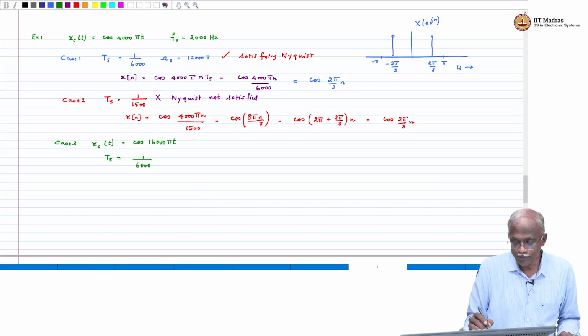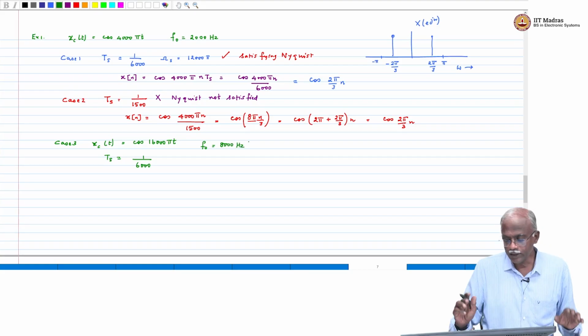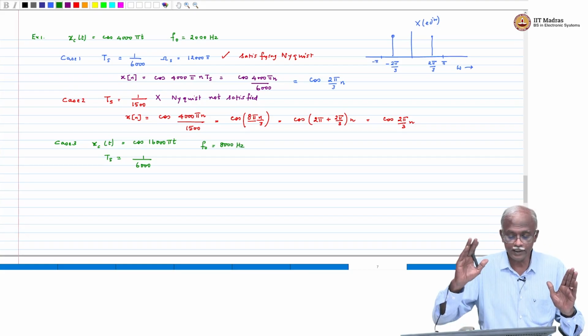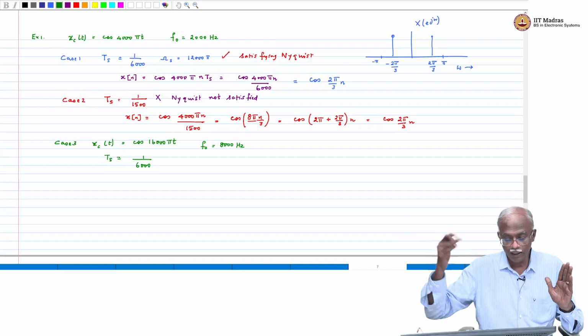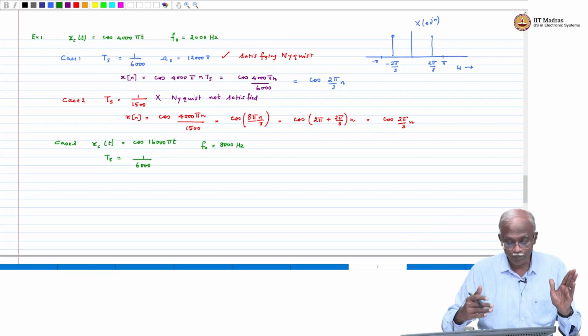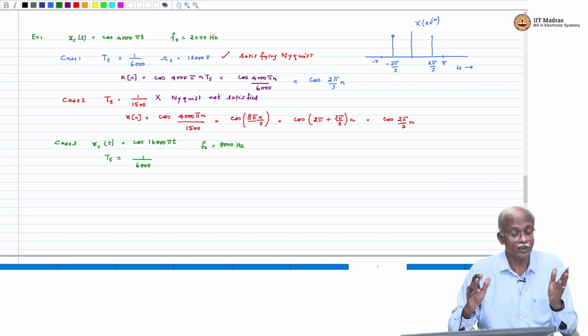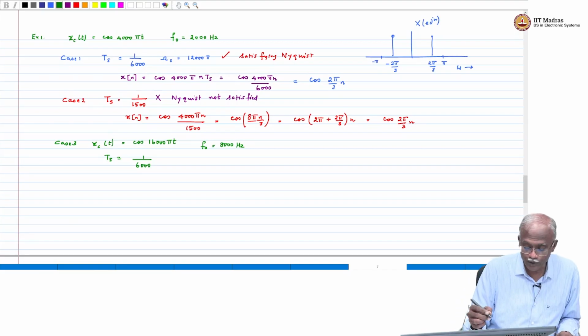What is the highest frequency content? F naught is equal to 8,000 hertz, which means that the Nyquist rate is 16,000 hertz. But instead, I am sampling it at 6,000 hertz. So clearly Nyquist will be violated. We will put a big X mark and say Nyquist not satisfied, like case 2.